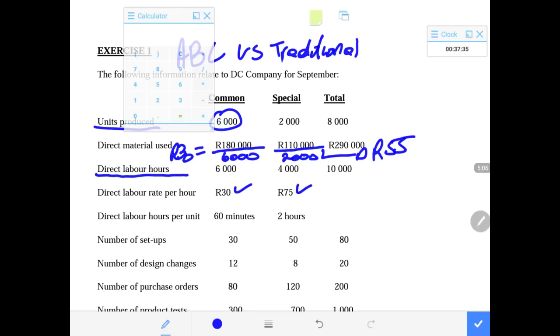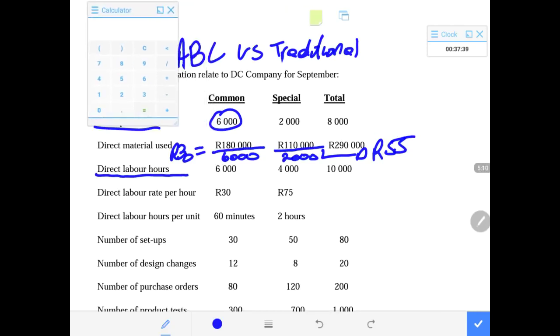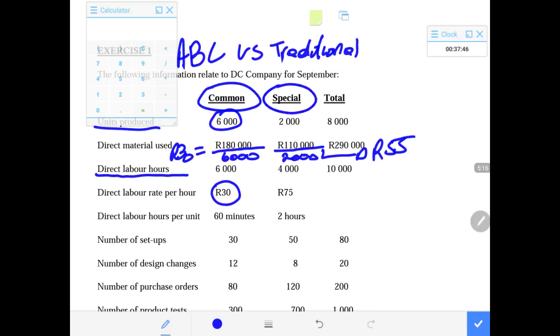This is 30 rand and 75 rand. Our employees are paid this rate, meaning employees who are producing product common are being paid 30 rand per hour, and employees who are producing the product special are being paid 75 rand per hour. And this is a special product. It must be needing some specialized labor, direct labor with some expertise.